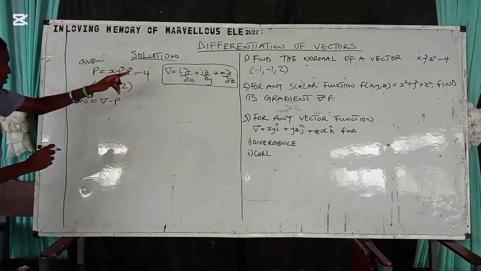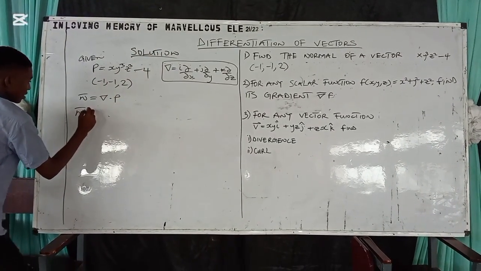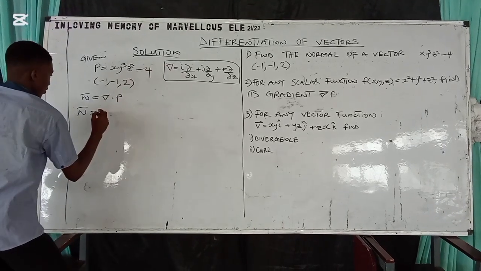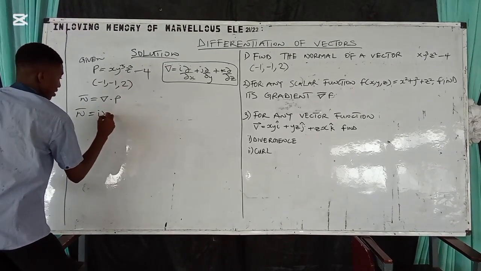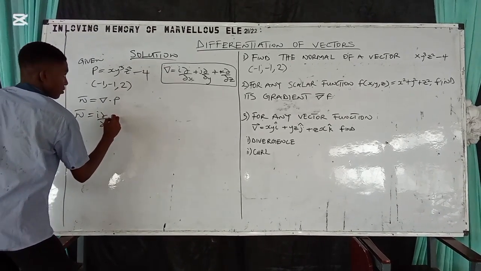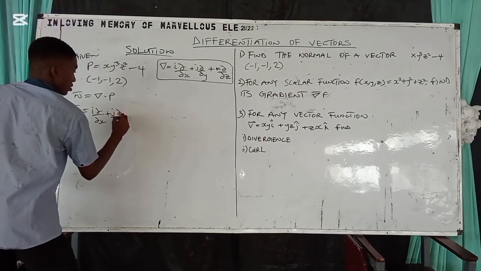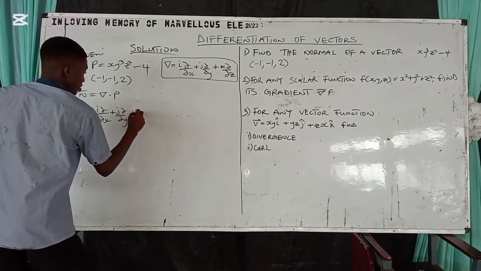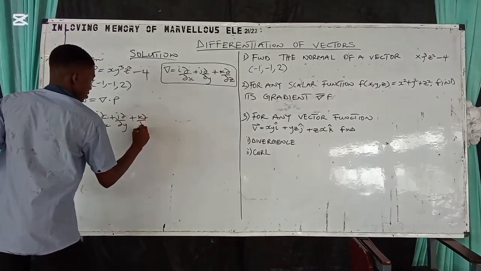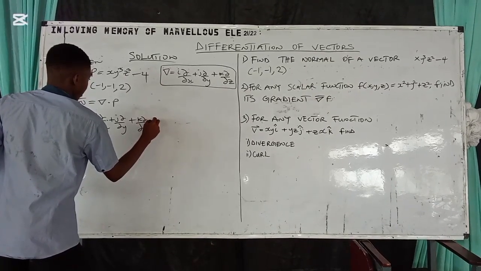So now we can say our normal vector n equals our vector operator, which is i plus j plus k, times p.